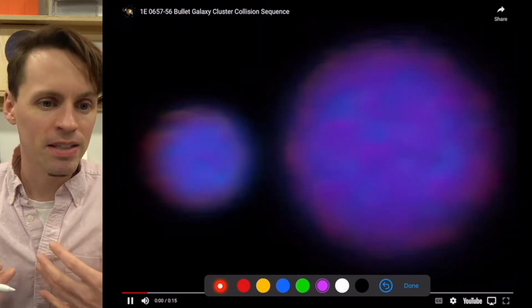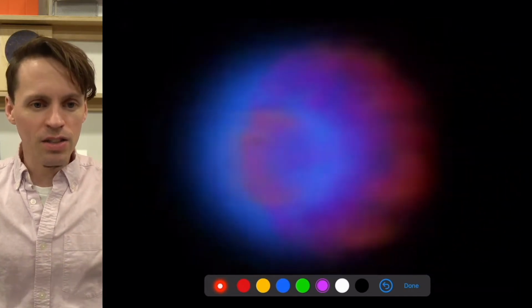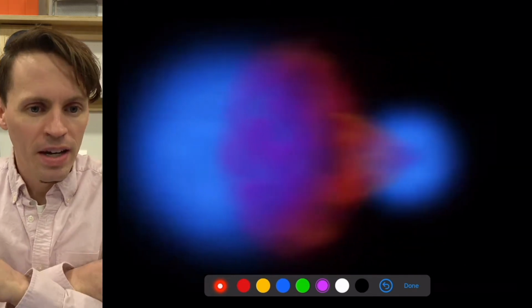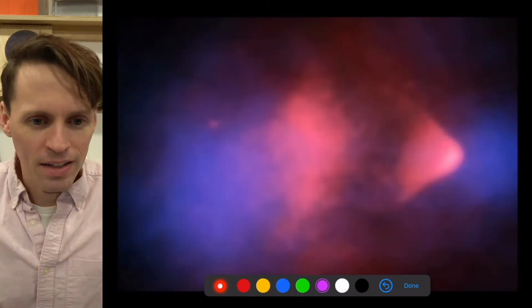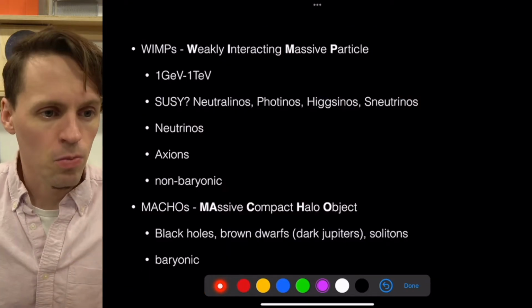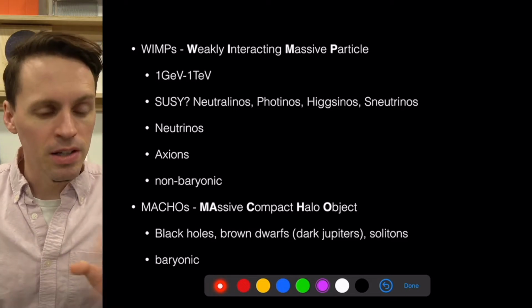So it's some of the best evidence. And this is just an animation of the bullet clusters. So two galaxy clusters merging, and then you can see the dark matter, the blue color, separating, but the red stuff, the hot gas, slowing down and also separating. So that's the evidence so far for dark matter. There's some other things, but that pretty much covers the gamut.